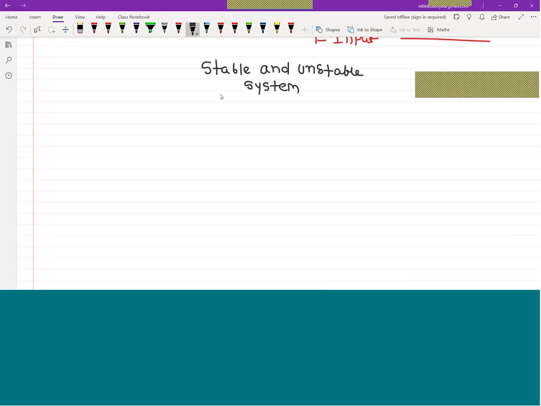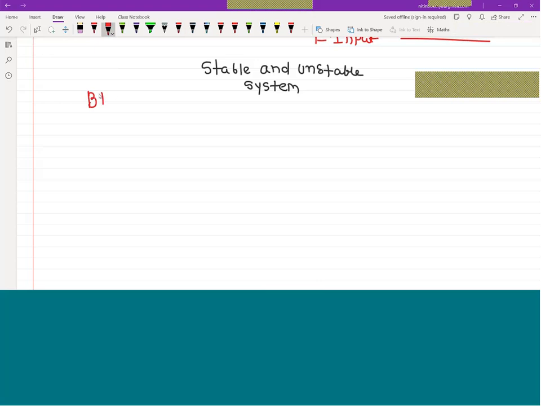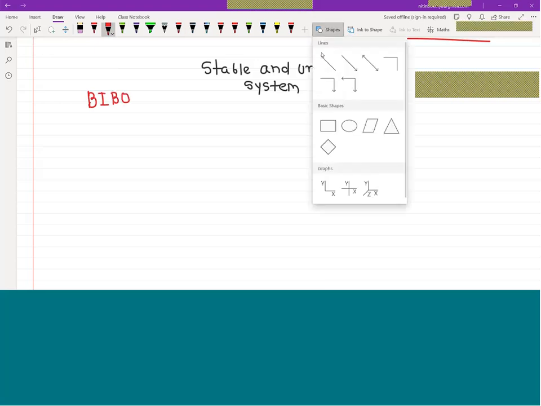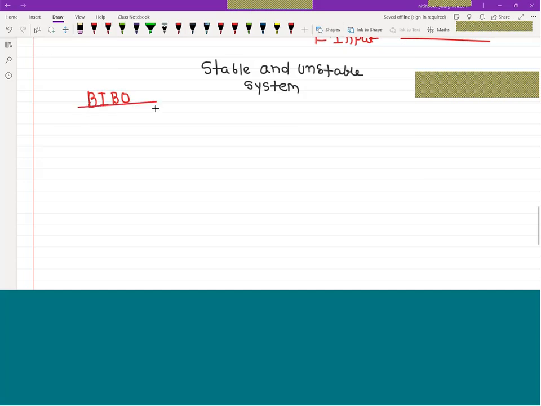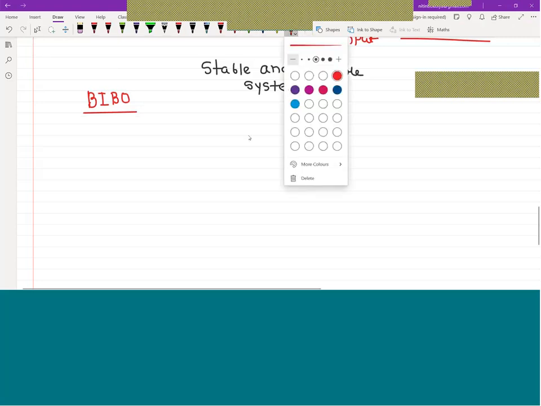And that criterion is known as bounded input, bounded output criteria. Bounded input, bounded output criteria. And what does this criteria say?